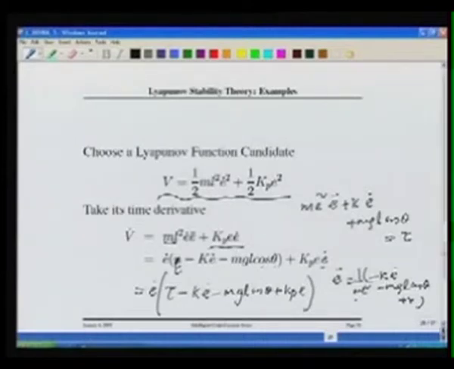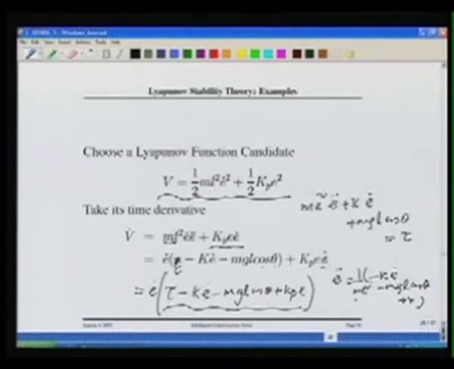So, obviously, to make it negative definite, I should adjust this quantity in such a way that V dot becomes negative definite. Can you think how this can be made negative definite?